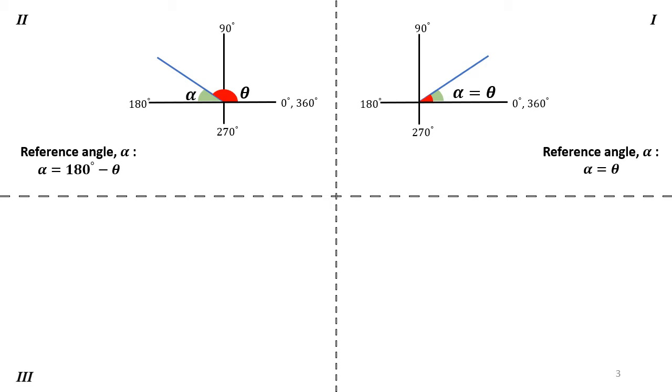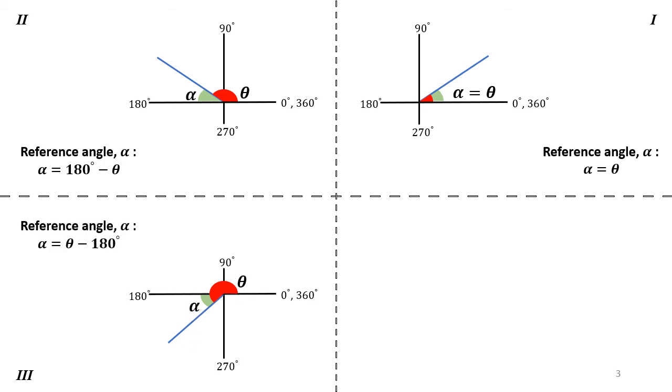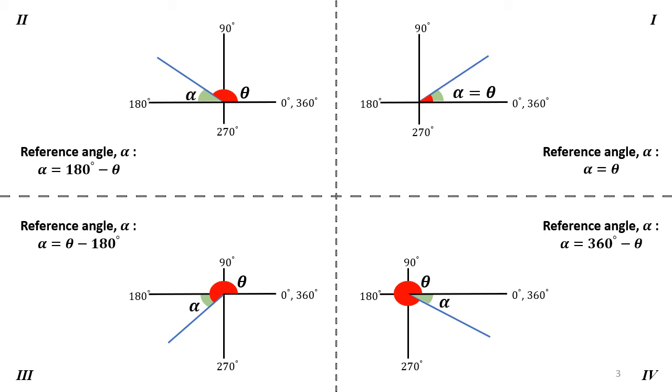In quadrant 3, alpha will be equal to theta minus 180 degrees. As for quadrant 4, our reference angle alpha will be equal to 360 degrees minus theta.